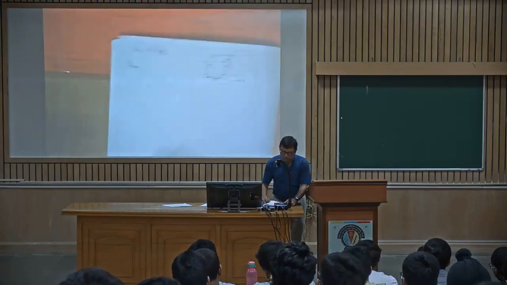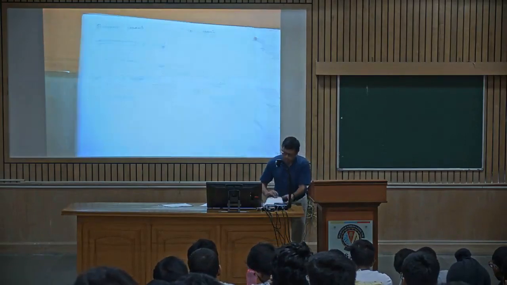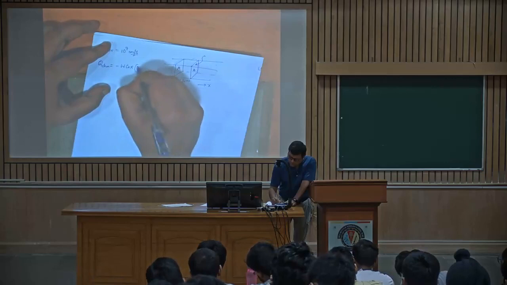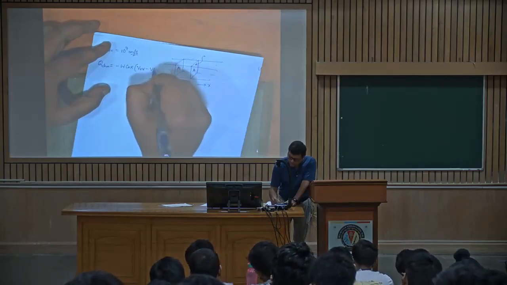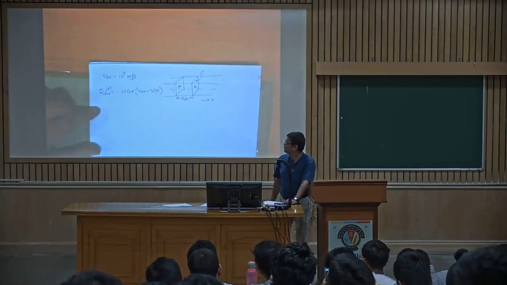So what we will do here is that Q channel is equal to minus W Cox (VOV minus Vx). Notice Q channel is now a function of X. This is what we got.